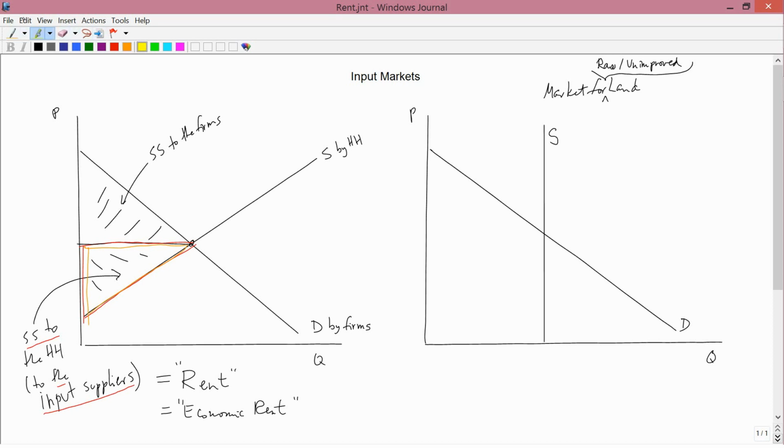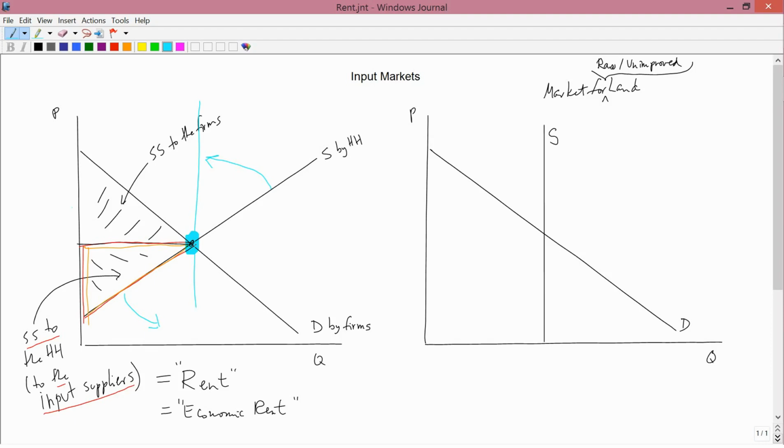Imagine this point as a pivot point, and imagine twisting the supply curve this way. Let me draw that in a different color. Imagine twisting the supply curve this way and this way, so that it ends up in this position, in a vertical position.